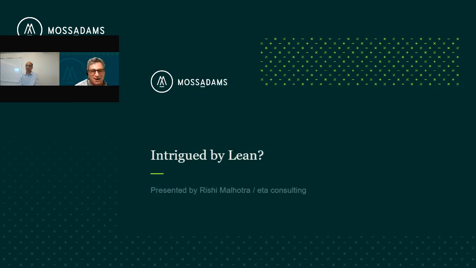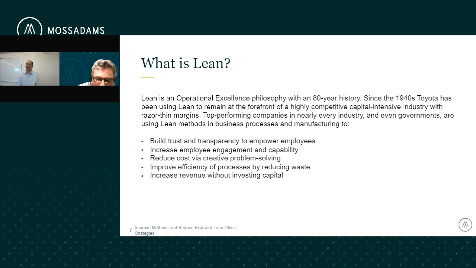So, intrigued by lean? I know I am, and I want to give you a quick one-minute overview, a refresher, before we get into some of the details. For those of you who are unfamiliar with lean, it's been around for over 80 years. In the 40s, Toyota brought lean to the forefront in a highly competitive, capital-intensive industry with razor-thin margins, turning Toyota into a success. The effect of lean is that it helps to build trust and transparency to empower your employees. It'll increase the engagement and capability of those employees.